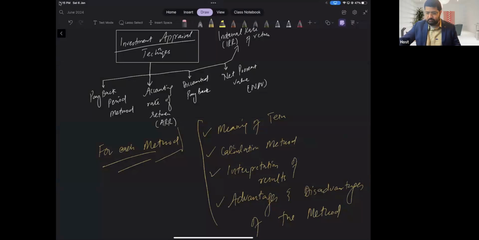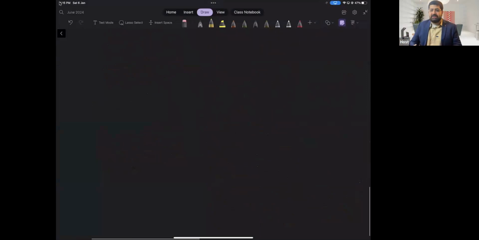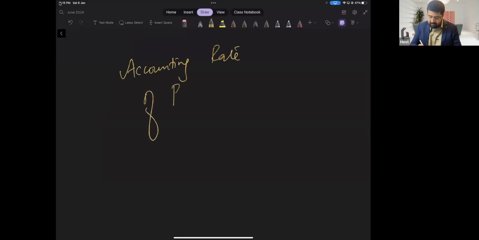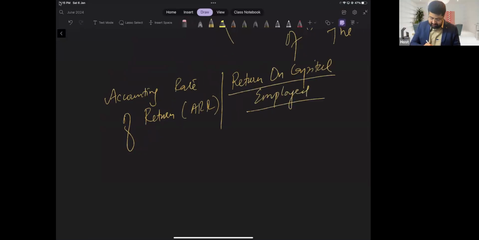Yes, please. Now, thank you for your patience. Students, the point is accounting rate of return, ARR. It has another name, called return on capital employed, ROCE.